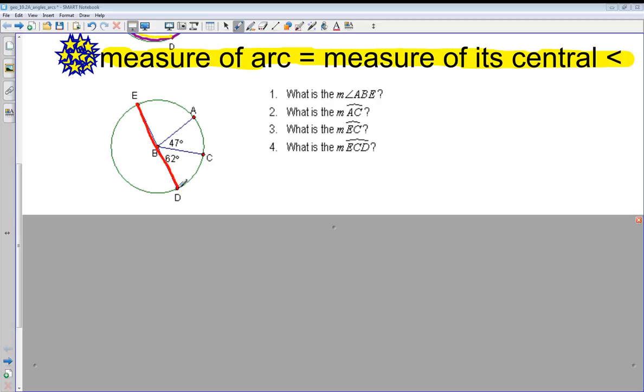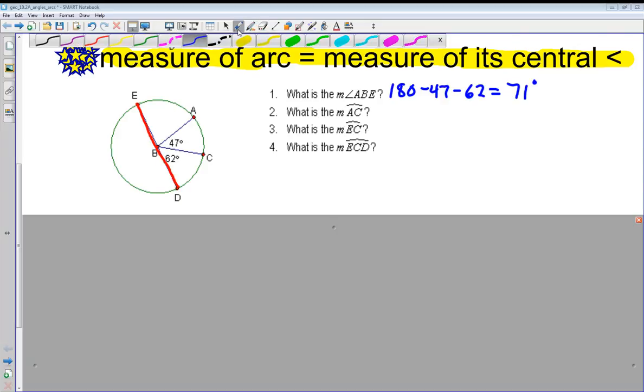There's 180 degrees in a semicircle, so I could figure out the measurement of that unknown angle right there by taking 180 and subtracting 47 and subtracting 62. When I do that, I know that the measure of angle ABE is going to be 71 degrees. All right, so I can take that out and put in 71.